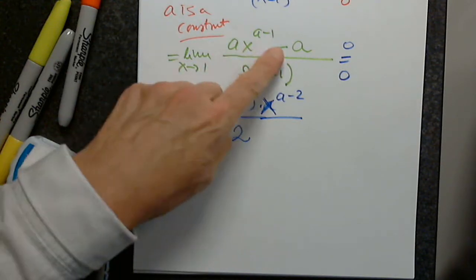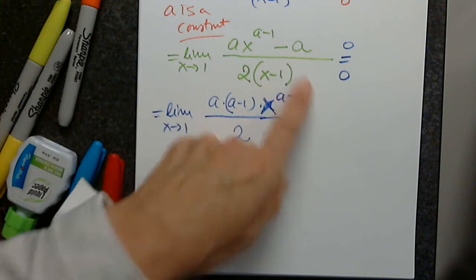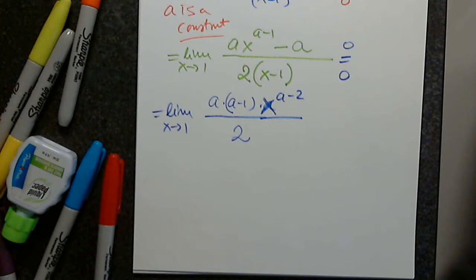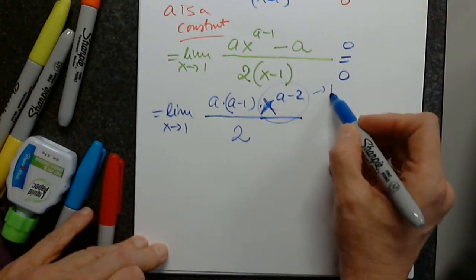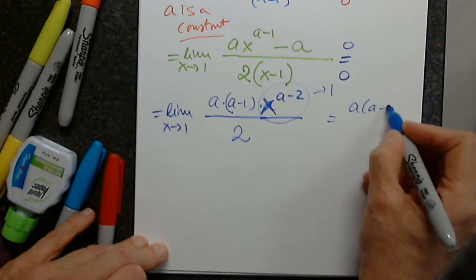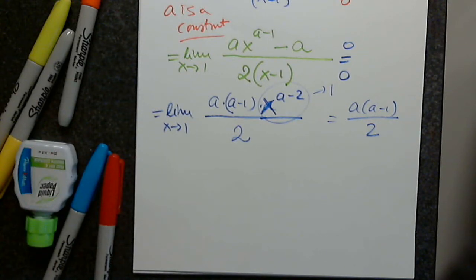Here I had an a, I had to bring down a minus 1 and subtract 1 from the power, and this differentiated is 0. So when x approaches 1, this will approach 1. So this is a times a minus 1 divided by 2. Very good pick, actually. Any questions on this problem? Problem 37? Is this okay?